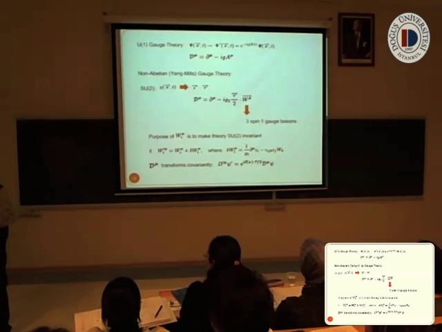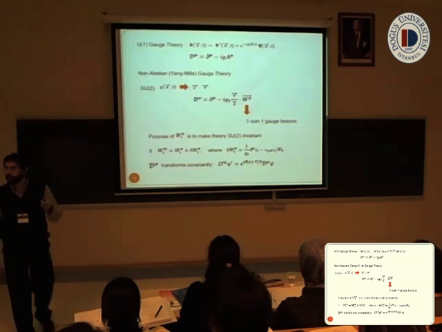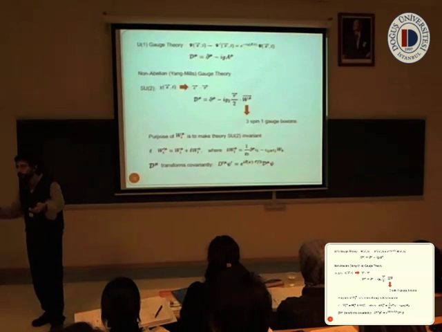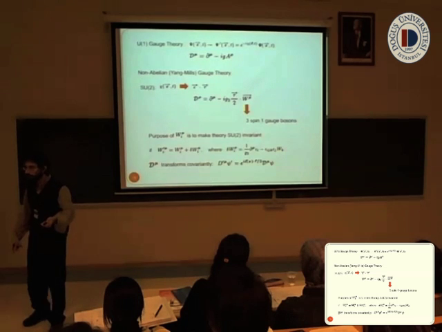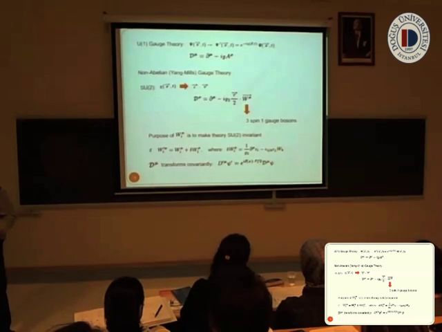So when you make the gauge transformations, you are making 3 different transformations. It's just like in 3 dimensions, when you rotate the object, in general, it's a combination of 3 different rotations, right? So you have to make the theory invariant under all of these transformations. So for this, you need 3 gauge bosons, 1 for each transformation. And they are not related.